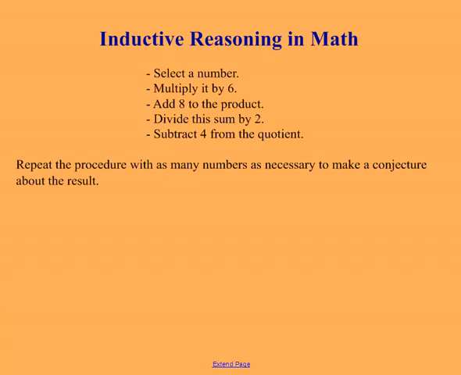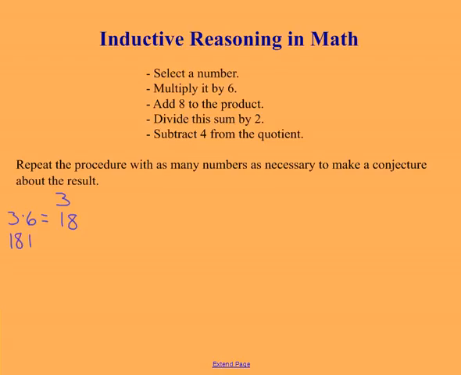Okay, let's do this. So let's pick a number first, and we'll go with the number 3. It's a small enough number, should be easy to work with. So we start with the number 3, and we multiply it by 6. So 3 times 6 is 18. Then we add 8 to 18.